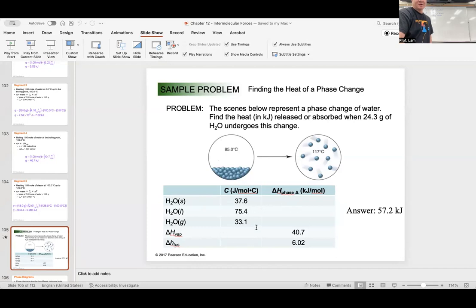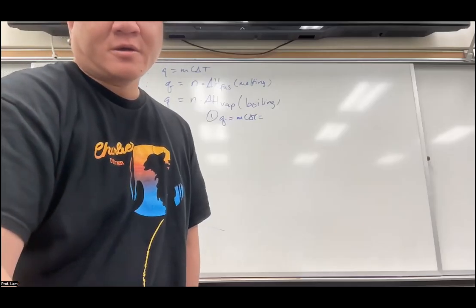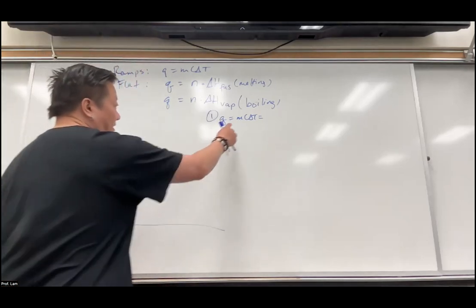And then it gives us all the constants here. So what I would be doing on the board is grabbing these numbers here on the table. So 24.3 grams of water, that's gonna be our mass.